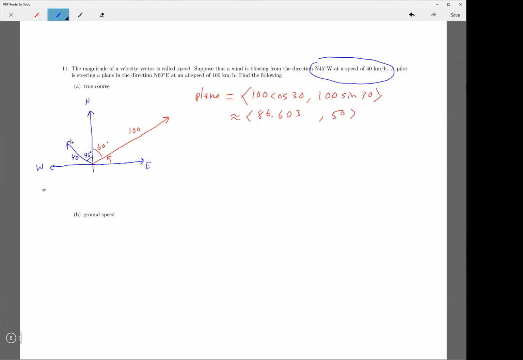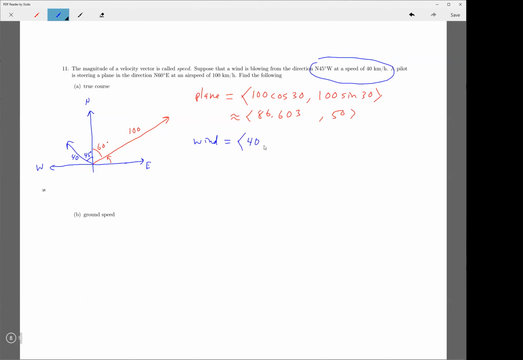Okay, now let's go with the wind. And the wind is going to be 40. Make sure you're in degree mode, not radian, so keep it in degrees mode.